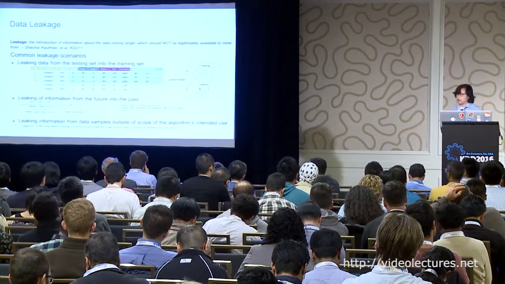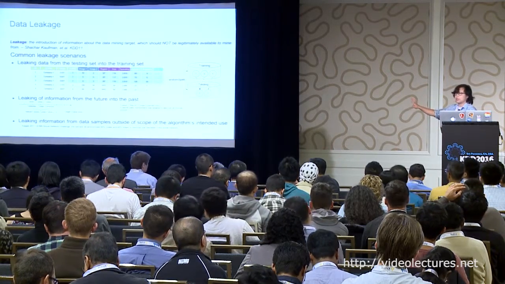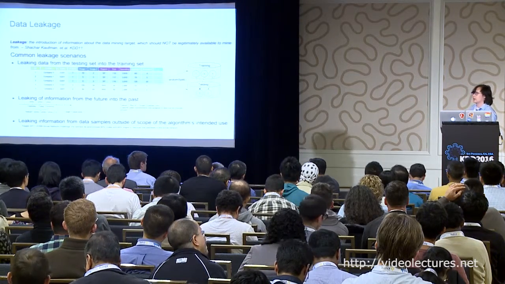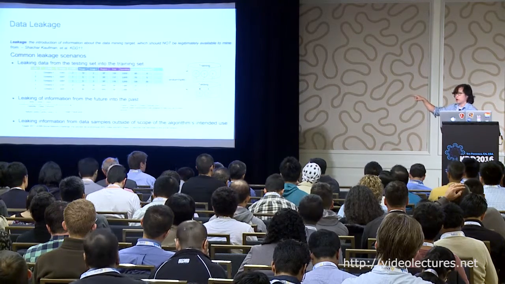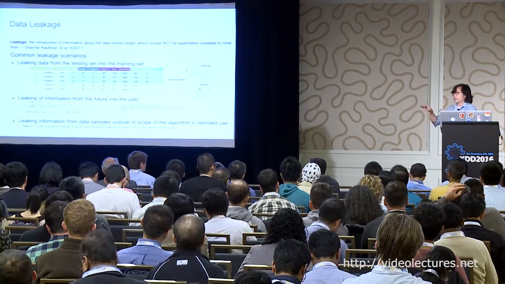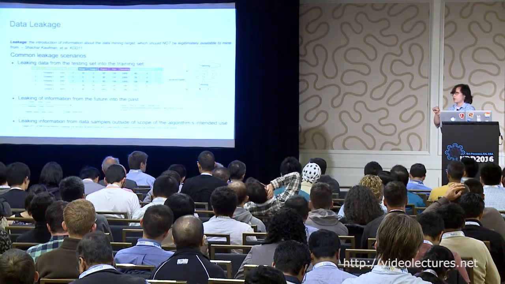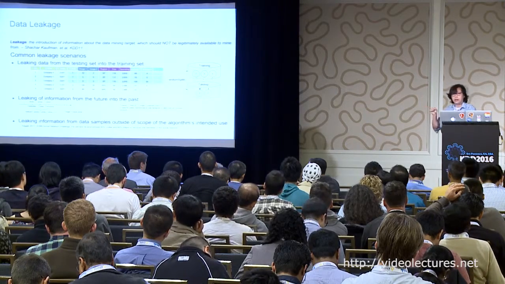But with careless splitting, if you simply do random splitting on this data set, it's highly likely the entity we're talking about here can appear in both data sets, training and testing. So you end up leaking information from the training to the testing data.